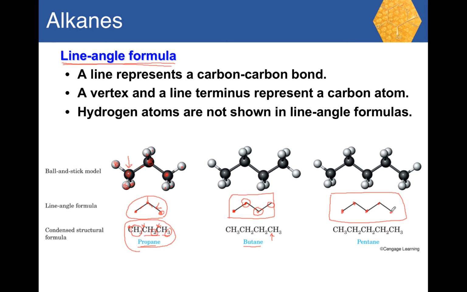So again, we will be using this representation a lot throughout our course in organic chemistry. Why? Because it's much easier to draw, and as chemists we understand what the structure represents.